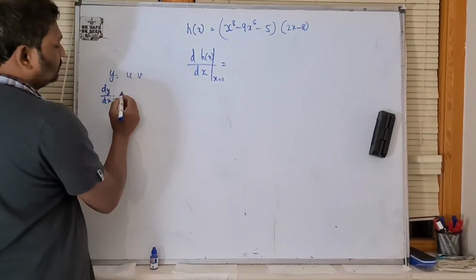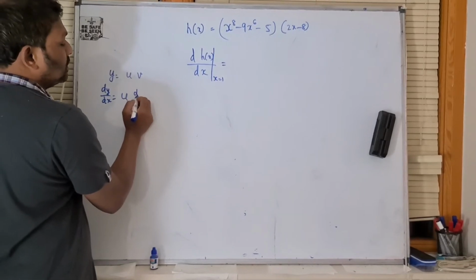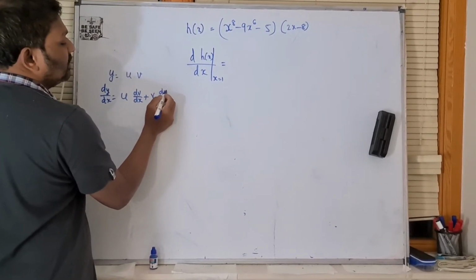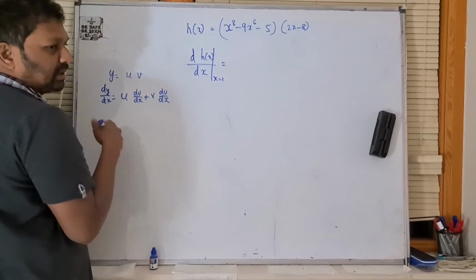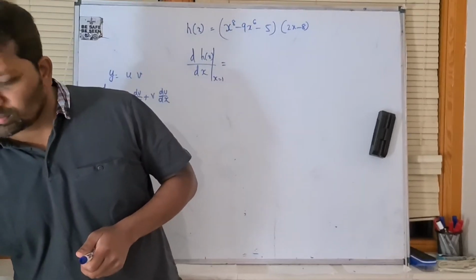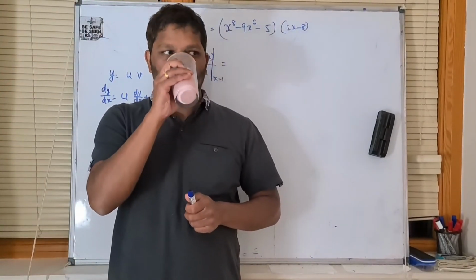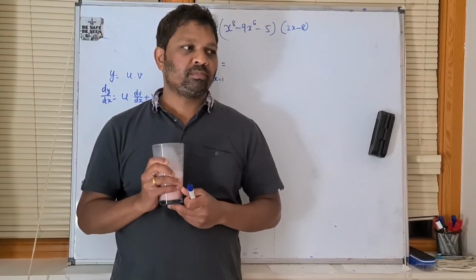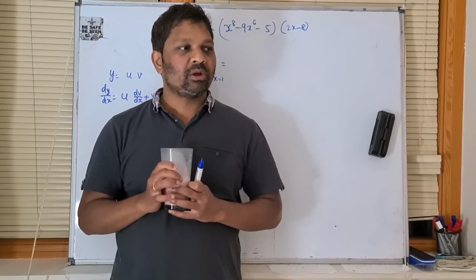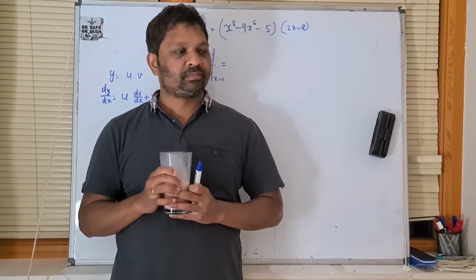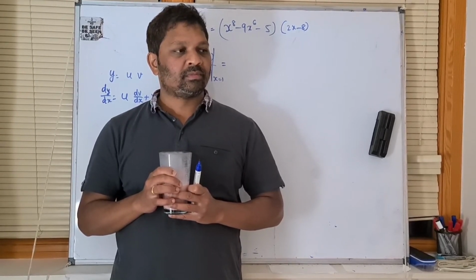So it is u differentiation of v with respect to x plus v differentiation of u with respect to x. That is the product rule.